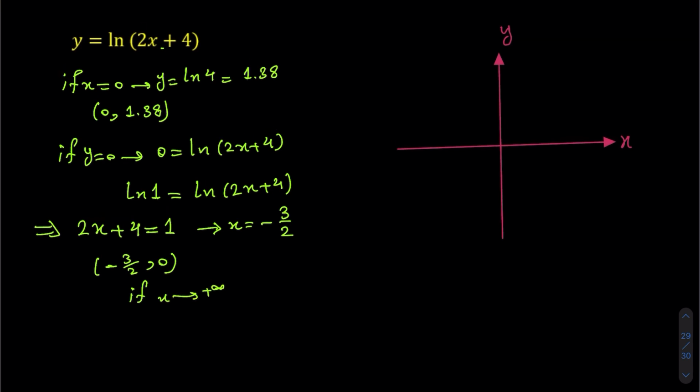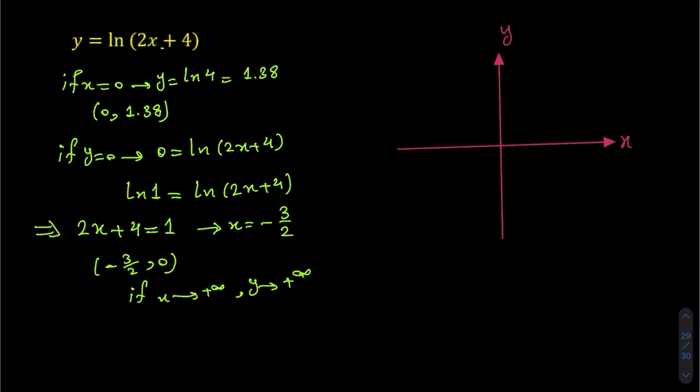Positive infinity will be here. So positive infinity times 2 will be positive infinity, and then ln of infinity is, in fact, a large number. So therefore here again we can say y also approaches positive infinity.